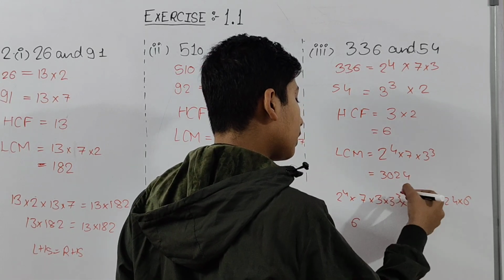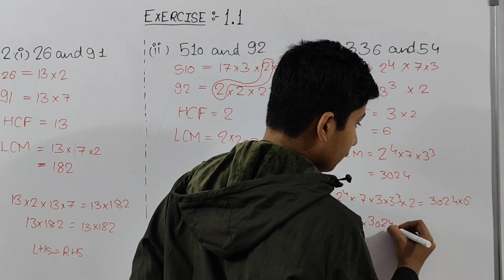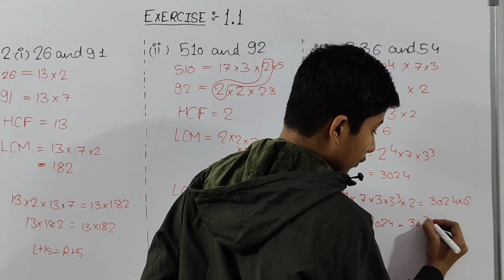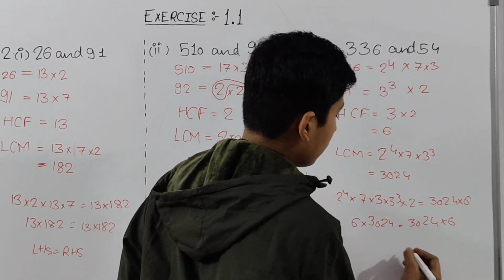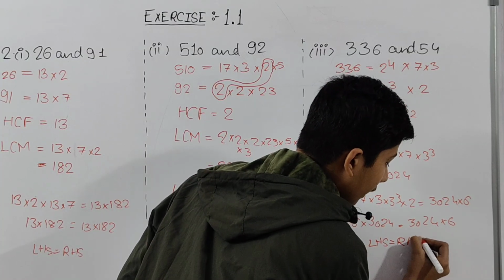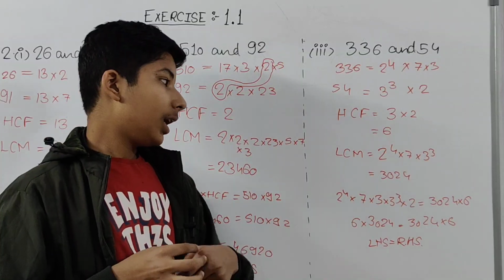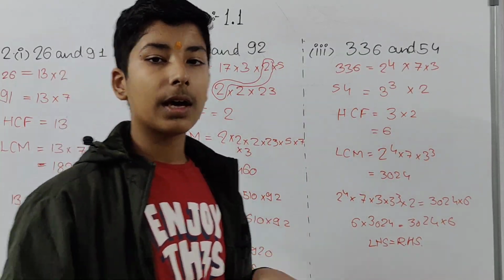And 2 power 4 into 3 power 3 into 7, this is also 3024, which is equals to 3024 into 6. LHS equal to RHS. Hence verified. Again it is true, so our answers are correct.